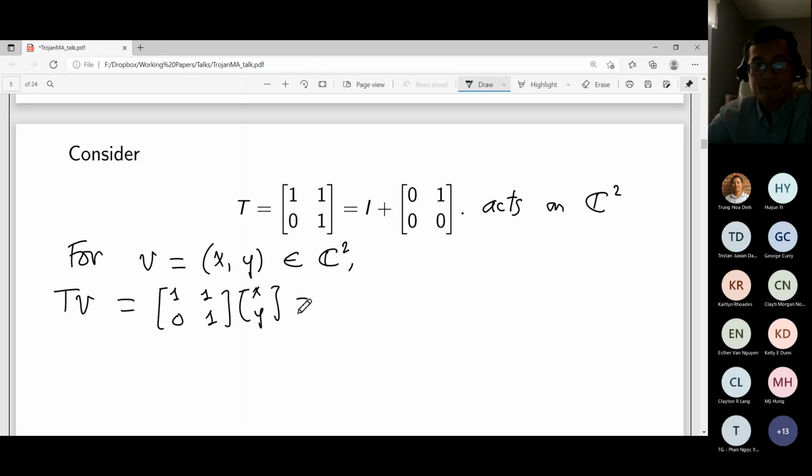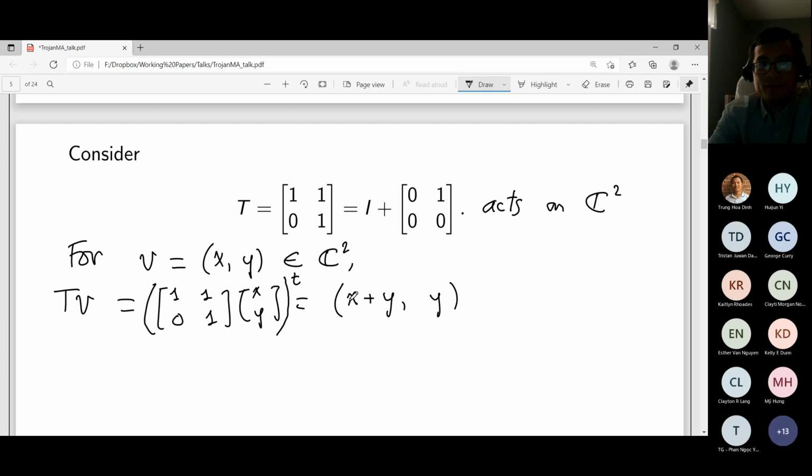When we compute this, we need to rewrite the new vector in the row format, so let me write the transpose. When we use matrix multiplication we write the vector vertically, but when we write out the vector, we use a row. So it's x plus y here, and then y.